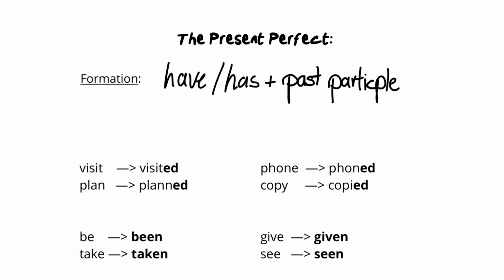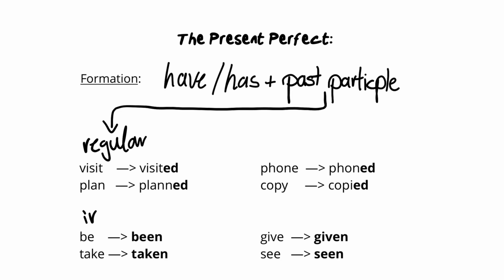Again, there are two types of forms of the past participle, the regular ones and the irregular ones. The regular ones are the same forms as we already know from the simple past. The irregular ones have to be learned, unfortunately. Again, there's a list of these verb forms in your book.